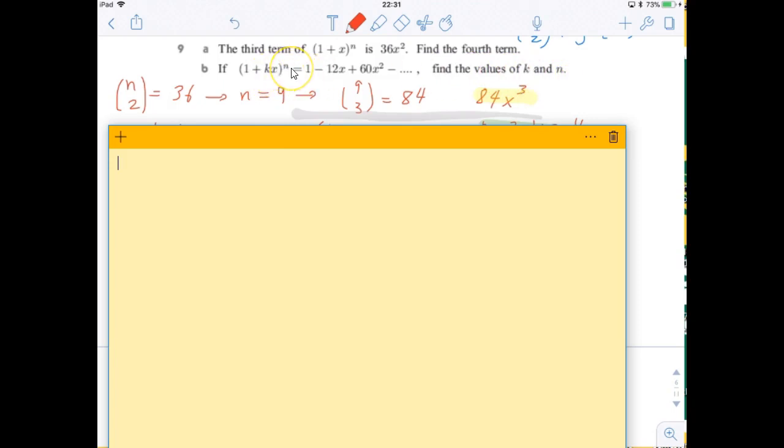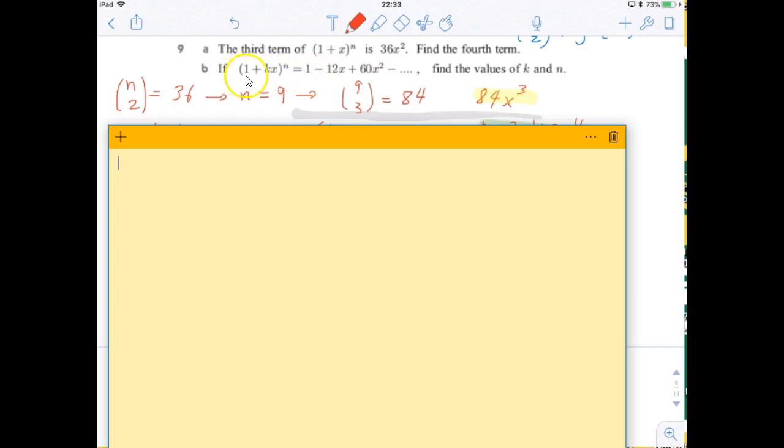How do k and n affect the first term? Well, remember, the first term is just a to the nth power. And since a here is 1, and n doesn't really matter, if you take 1 to any power, it's going to be 1. This gives us no information, does it? So the first term is worthless.